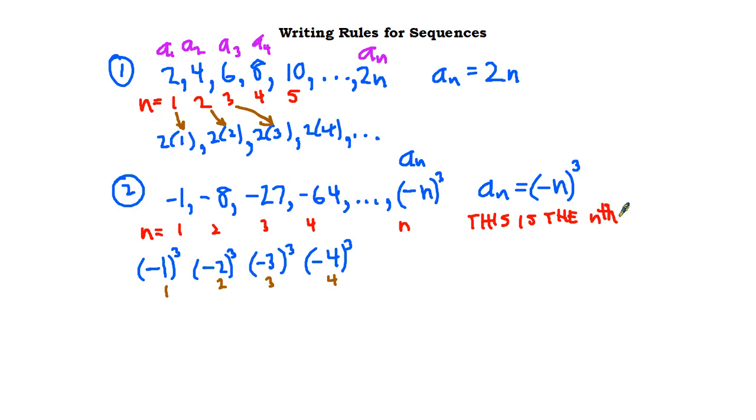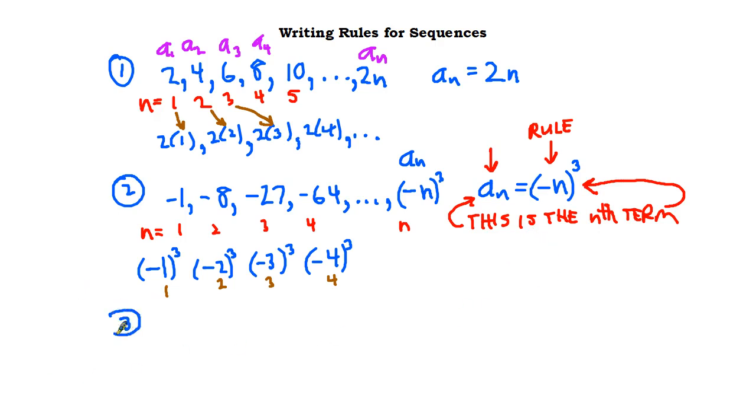So what is the nth term? Well, it's this, a sub n, and it's also this. And by the way, this guy more specifically could be referred to as the rule, but it's also the nth term. Both of these guys, this is the nth term, and this is the nth term. Remember, they're equal, right? So they both should be the nth term.